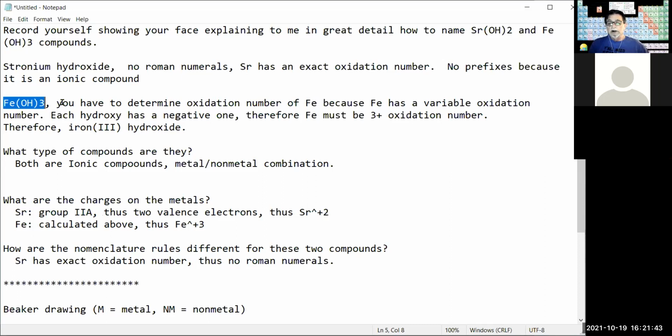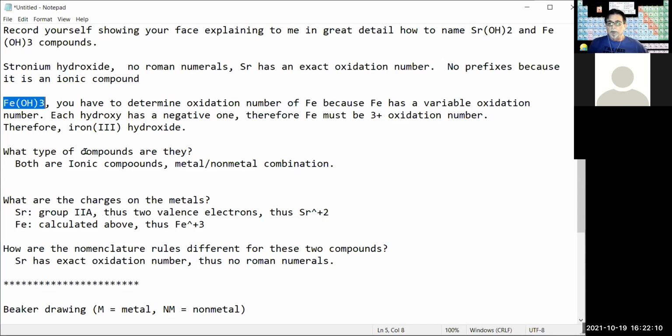So that's one known. The next one you do know is the OH. OH has a -1. That polyatomic ion has an overall -1 charge. There are 3 of them, 3 hydroxide ions. So it's a total of a -3 charge due to the hydroxide. What that implies is iron must be a +3. +3, -3 equals 0.